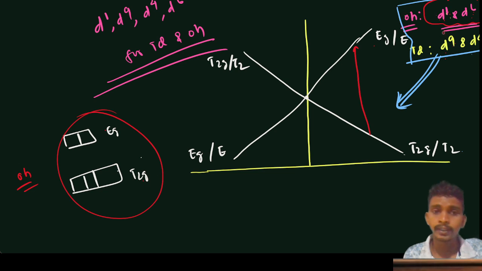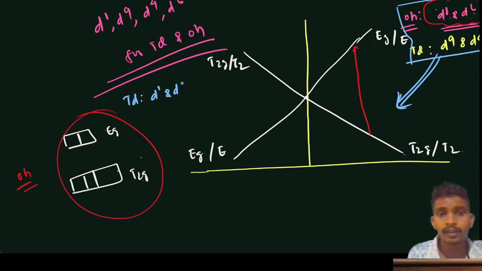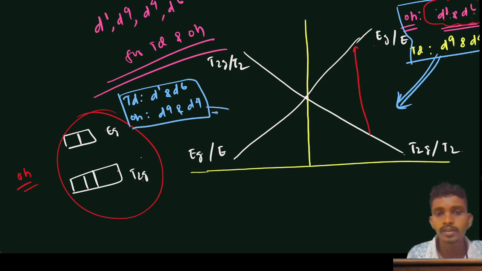The same thing here: tetrahedral will be this, and octahedral will be D9 and D4 in the other diagram. Whenever we see D1 and D6, it is always Eg to T2g or E to T2. So this will be followed, and we have to remember it.